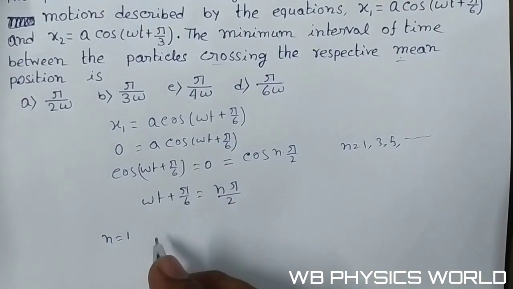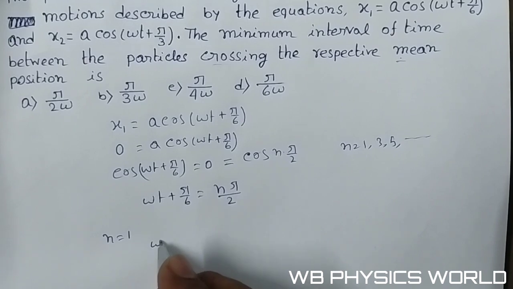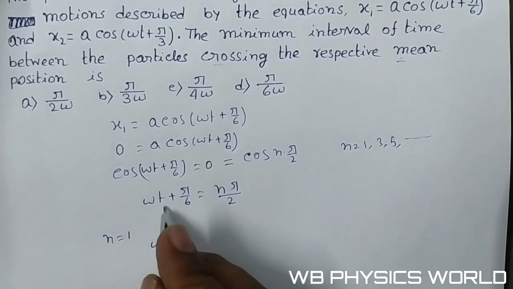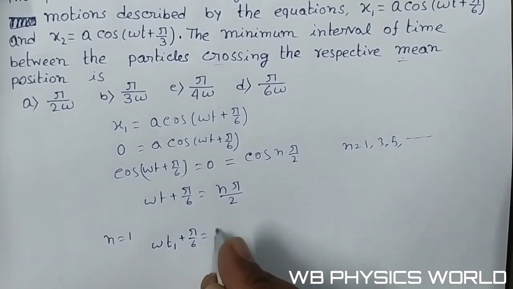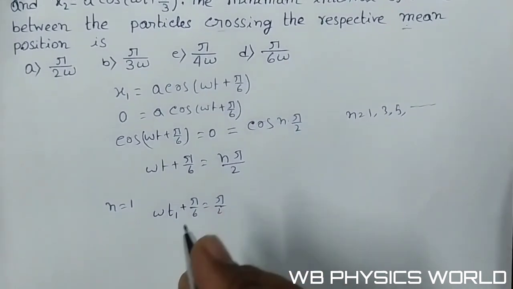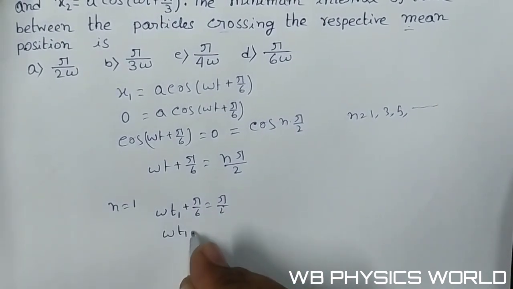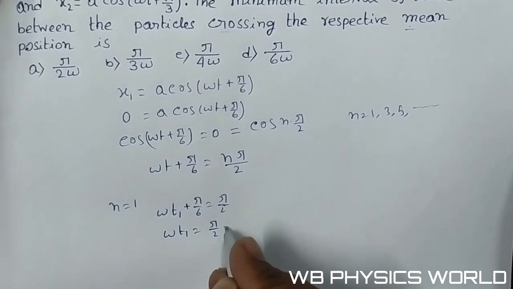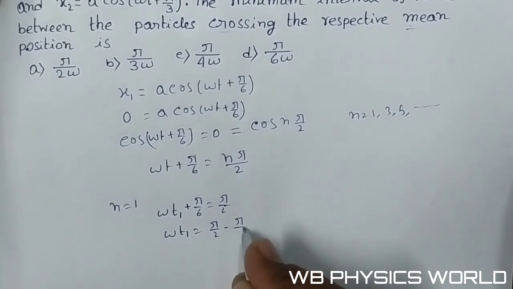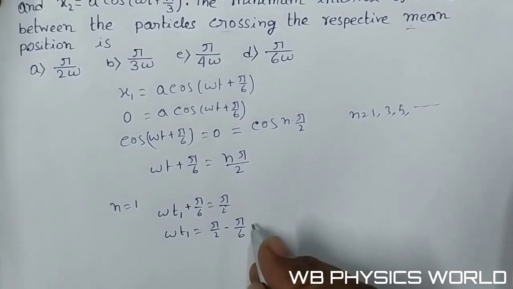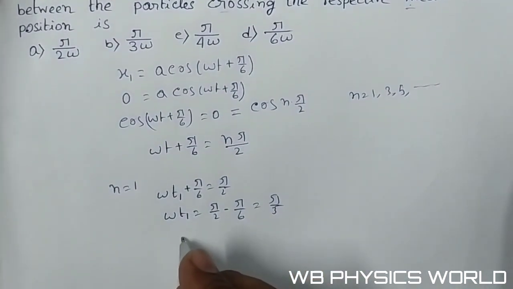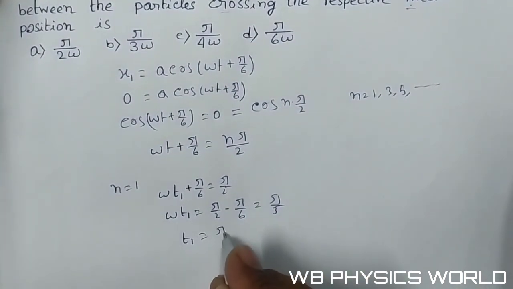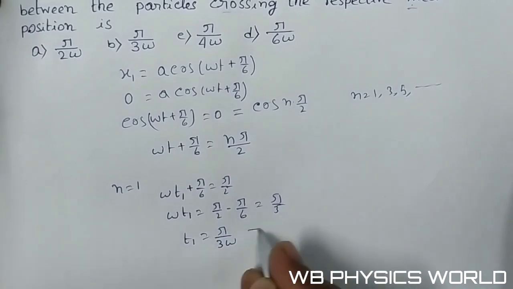So omega t1, let's say the time is t1, plus pi by 6 equal to pi by 2. So omega t1 equal to pi by 2 minus pi by 6. So this is pi by 3. So t1 is pi by 3 omega.